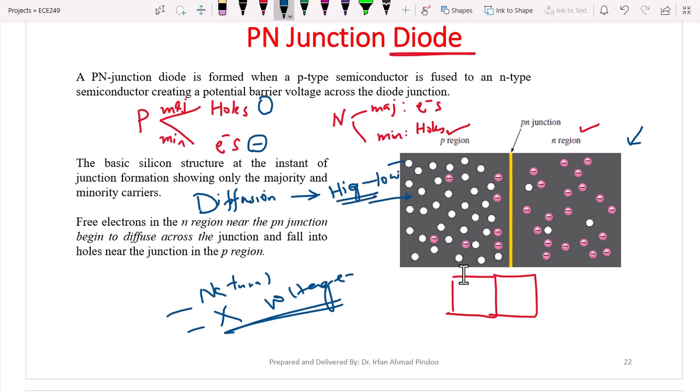So we have a majority of holes here in p and a minority here, so holes will move from p to n. In the same way, the electrons will also move from n to p. This movement of charge carriers is called diffusion, and for this there is no need of voltage.